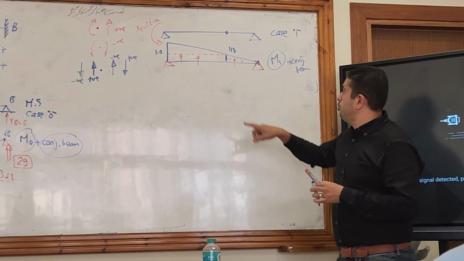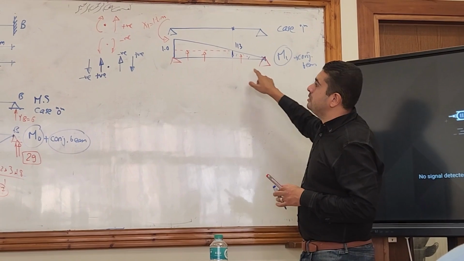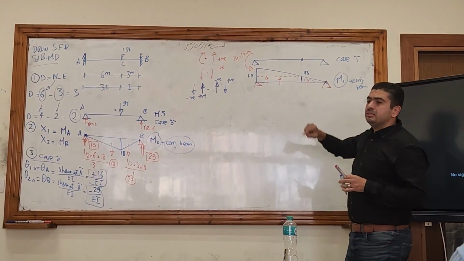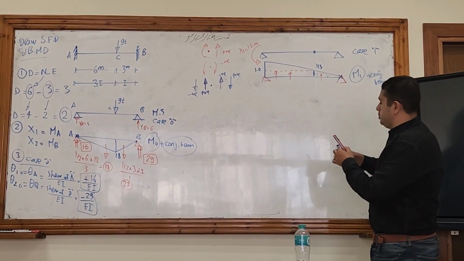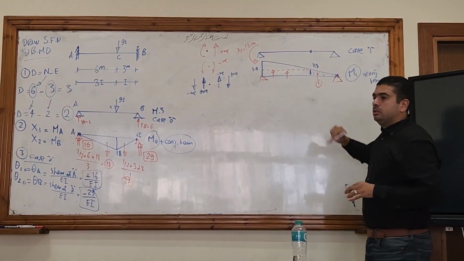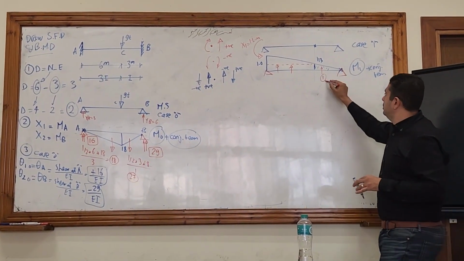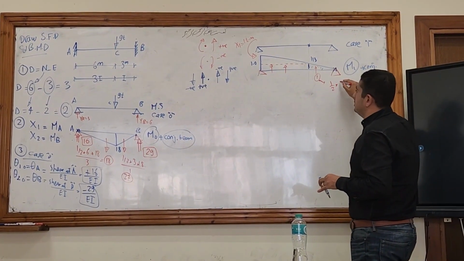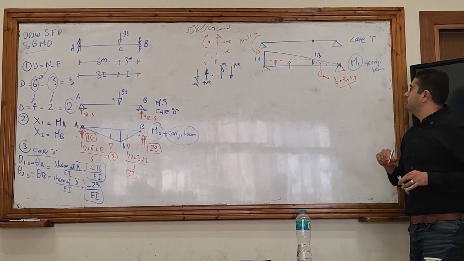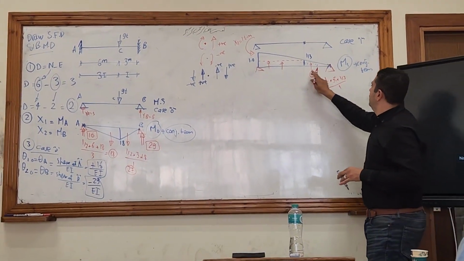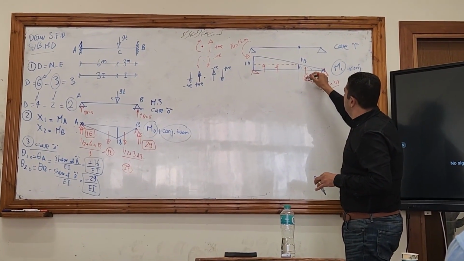Okay? So what's the value of this? This will be a triangle, half base times height. Half base is 3 meters, height is 1/3, divided by inertia factor, which is 1. So this will be half.